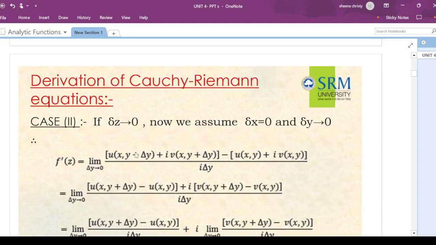Case 2: by allowing del z tends to 0, now we are going to assume that del x equal to 0 and del y tends to 0. So you are going to get f dash of z as u of x comma y plus del y plus i times v of x comma y plus del y minus u of x comma y plus i times v of x comma y, divided by i into del y.